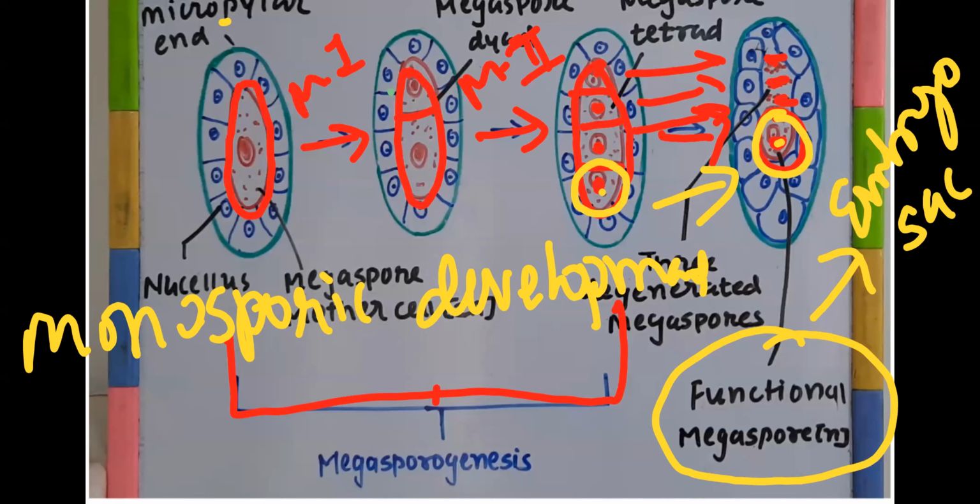How many are not clear with what I have explained? Megasporogenesis and further monosporic development. Okay, how many are not clear with this stuff?